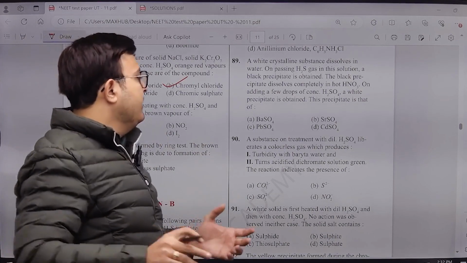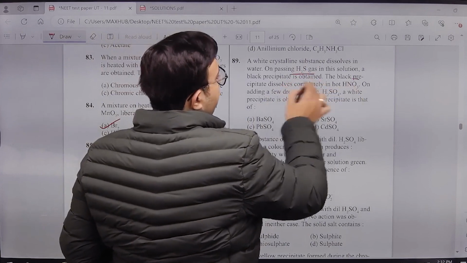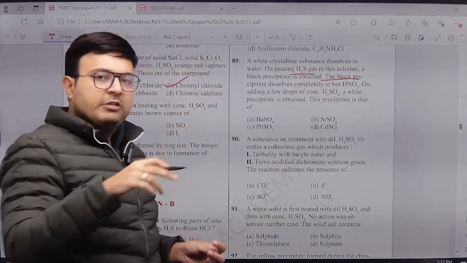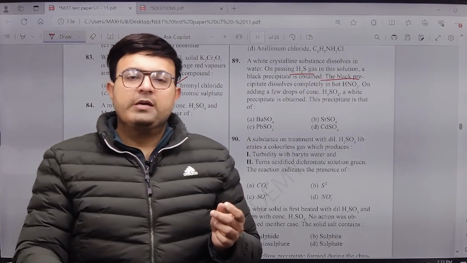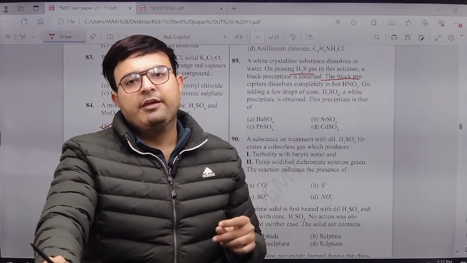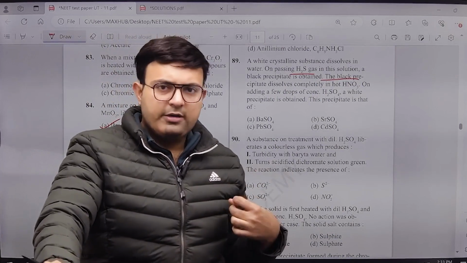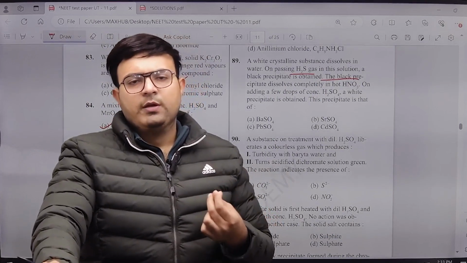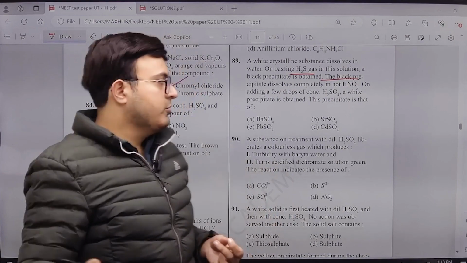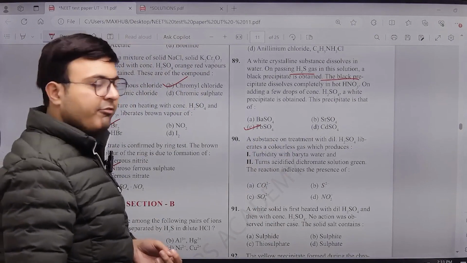So you have to tell that, first thing, this is very important information, that on adding H2S, a group 2 metal will give the black PPT. And as we have already discussed in the previous questions also, which is a group 2 metal, lead. So the correct answer will be lead sulfate.